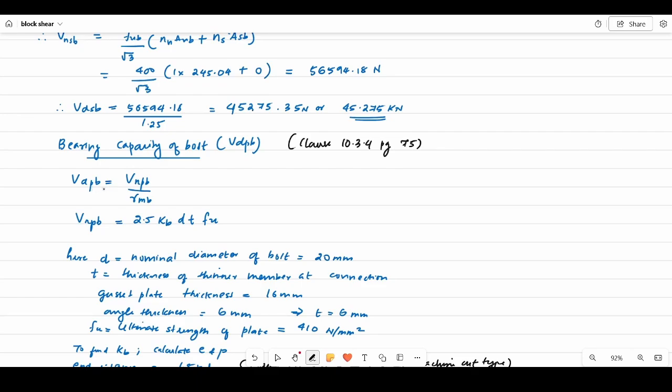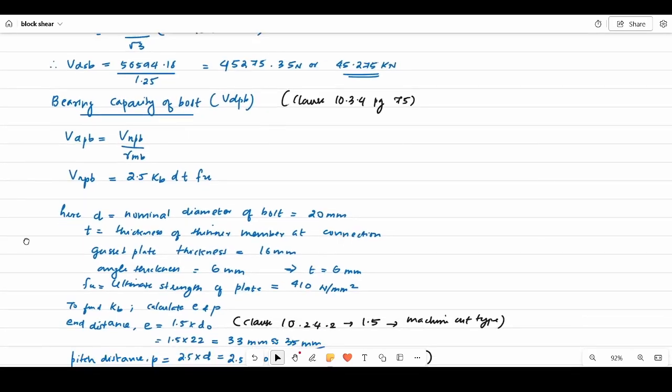Design bearing capacity of a bolt will be the nominal bearing capacity divided by the factor of safety for a bearing type bolt, and the nominal value will be 2.5 times k_b, which is a constant, into d, which is the nominal diameter of the bolt, multiplied by the thickness of the plate, multiplied by fu, which is the ultimate strength of the plate. All these nomenclatures are given in the code itself. So here d, we already know, is given in the question as a 20 diameter bolt.